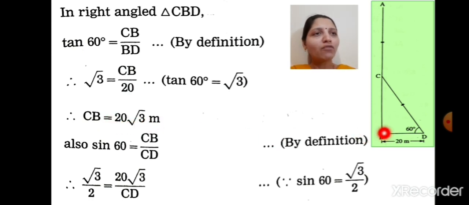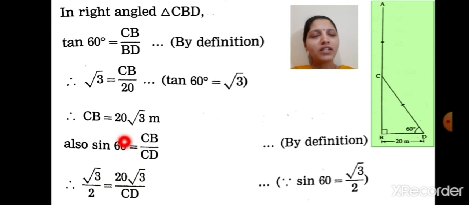Now we have to find the length of CD. If you find the length of CD, you will get the length of AC, because both are equal. For that, the length of CD you can find with the help of Pythagoras theorem also, and you can use the ratio also. So here we are going to use the sin ratio.